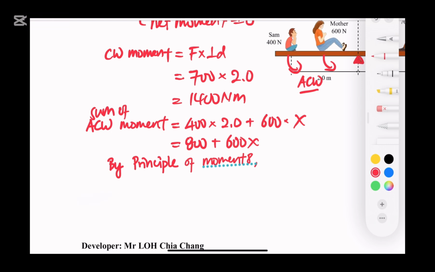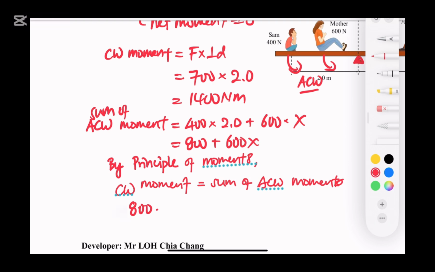Therefore, the CW moment equals the sum of ACW moments. Okay, so we can equate the two expressions together. I'm going to put the ACW on the left hand side for ease of calculation. So 800 plus 600x equals the moment that the father created.